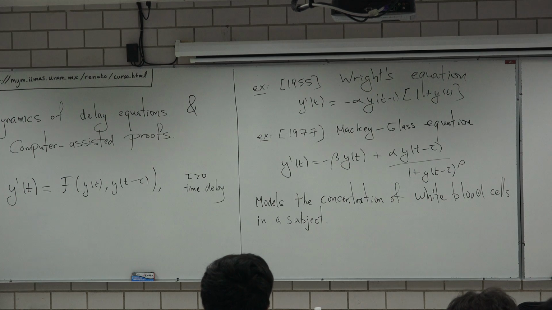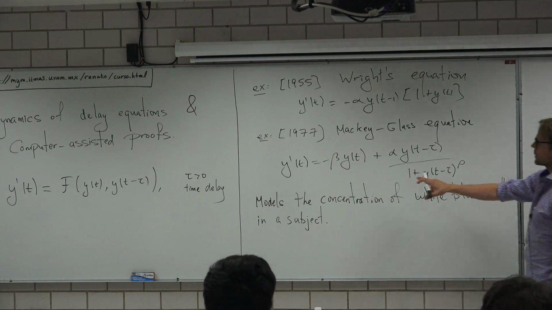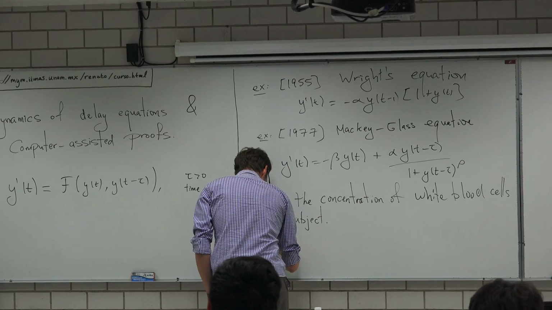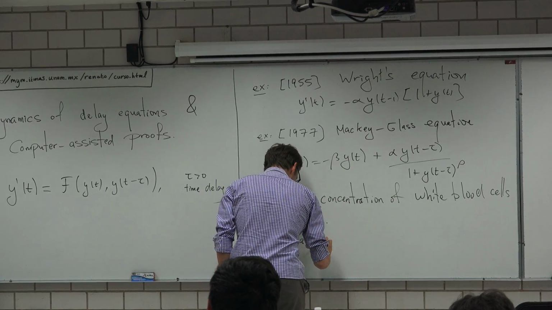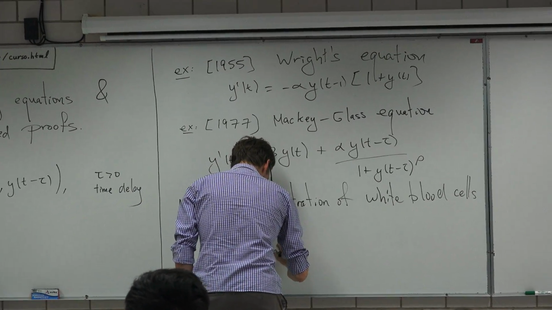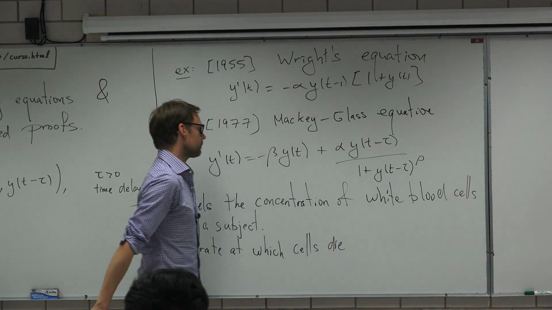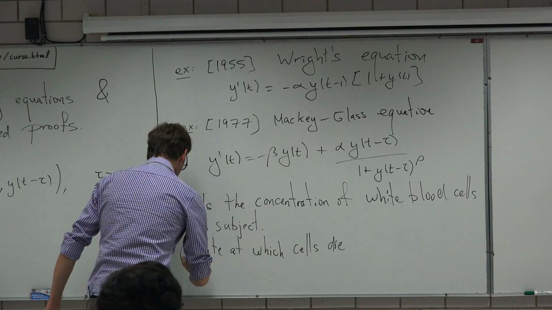And so the different parameters here, they mean what? So beta is the rate at which cells die. Alpha is the growth rate.